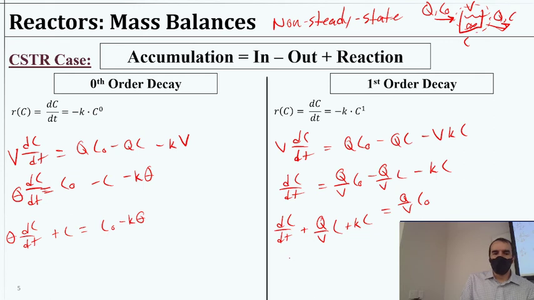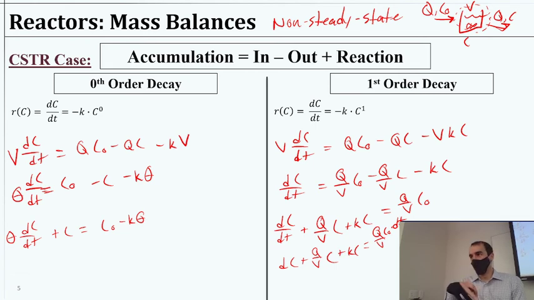So then we would get it in terms of dc plus Q over V C plus KC. We could extract the Q over V and the K algebraically, and then over here we'd have Q over V C naught times dt, and then integrate. So that would be kind of the approach.